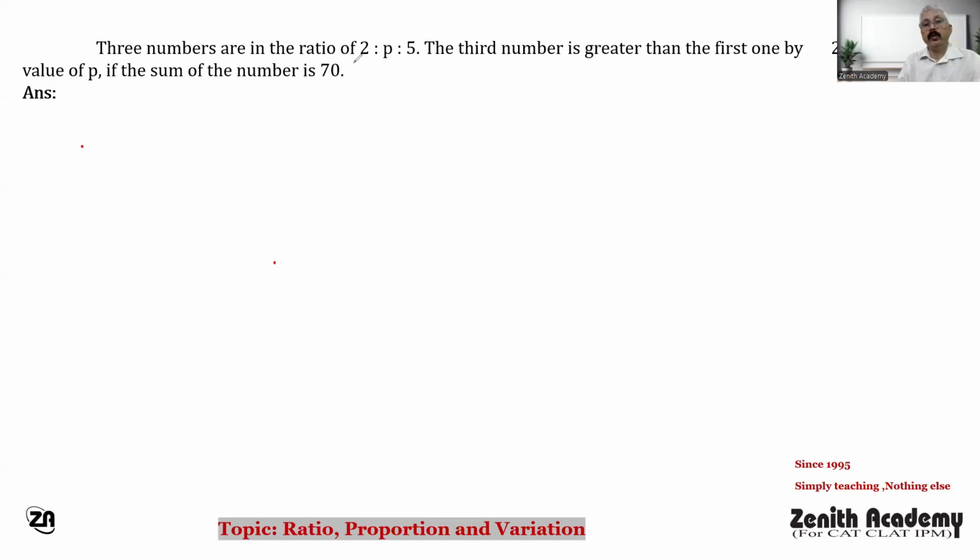Three numbers are in a ratio 2 is to p is to 5. The third number is greater than the first one by 21. Find the value of p if the sum of the numbers is 70.